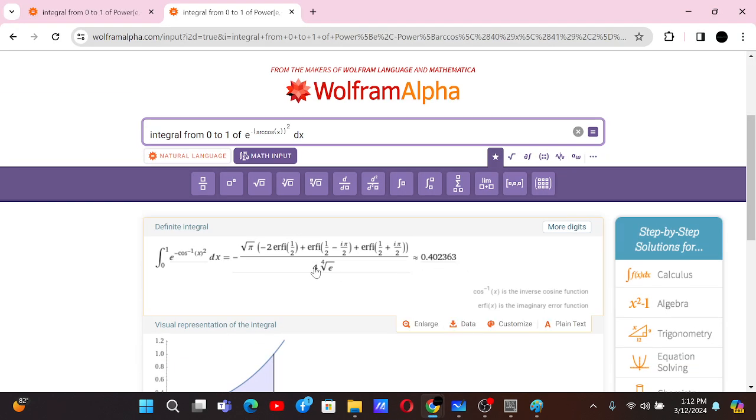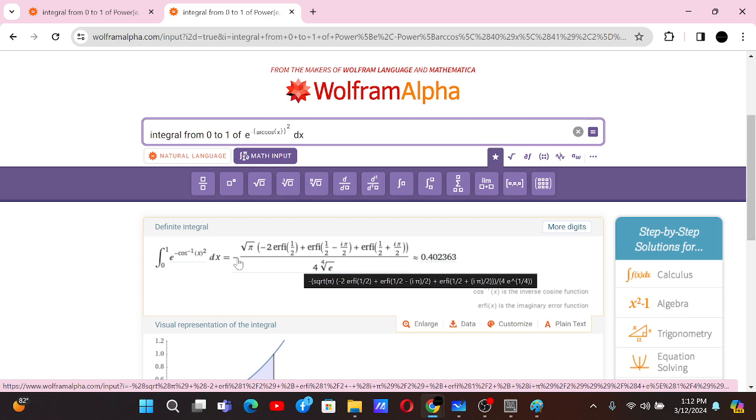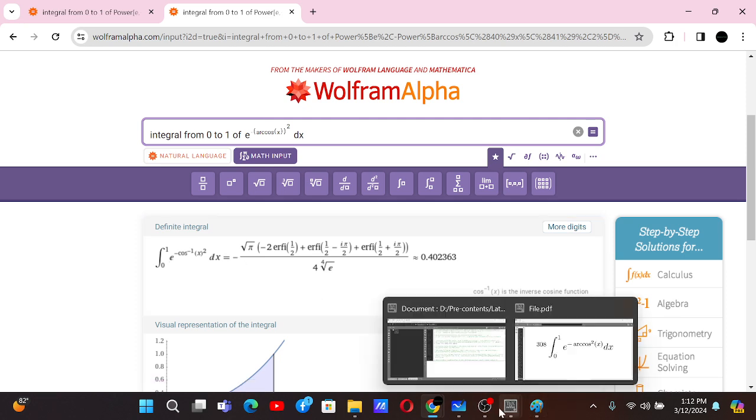Root pi by 4 4th root of e. Okay, so here the minus is taken as common. Let's also do that.